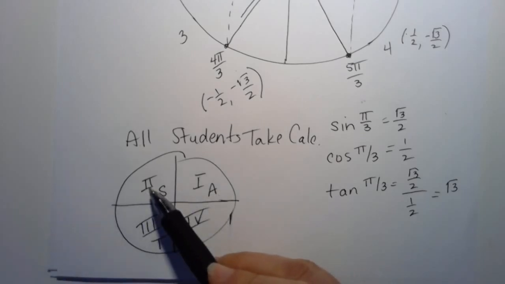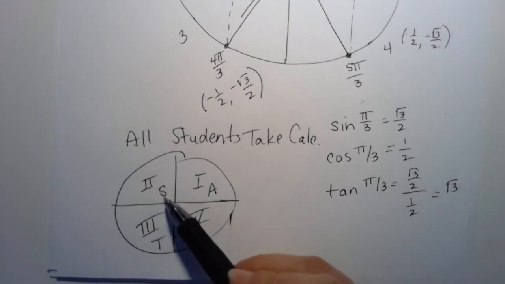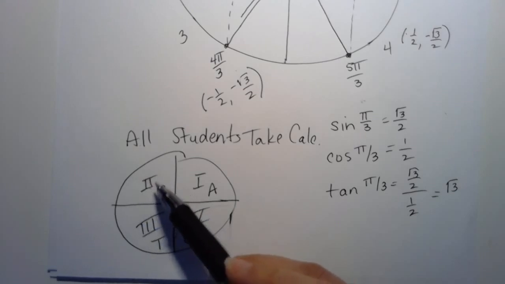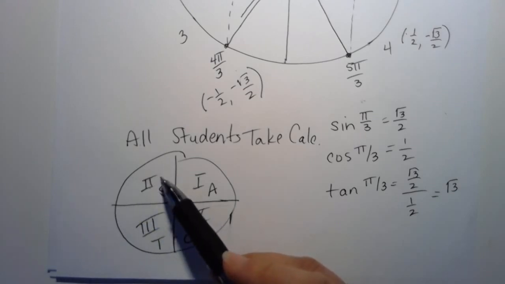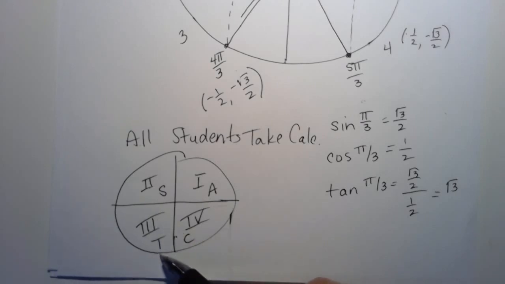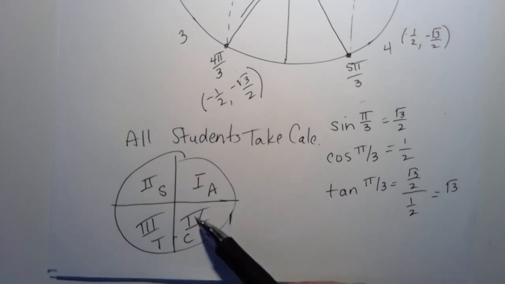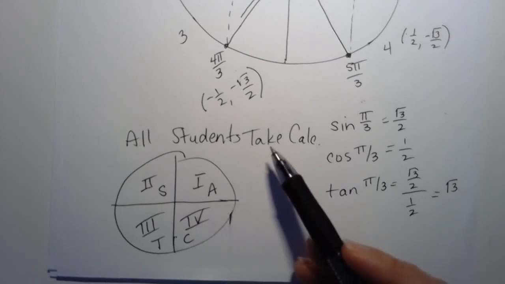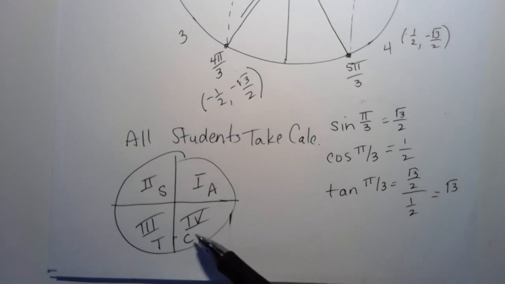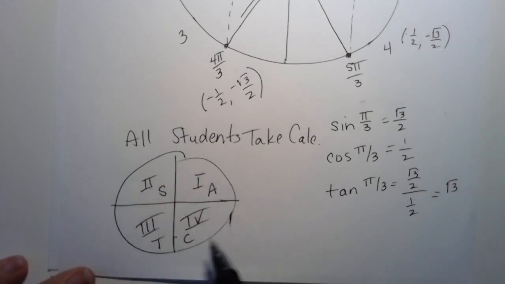In the second quadrant, S, so that means sine is positive. And that would also mean that cosecant, because it's built from 1 over sine, would also be positive. In the third quadrant, only T, my tangent, or my cotangent, because it also goes with reciprocal, would be positive. And in the fourth quadrant, I have C, which is for calculus, meaning cosine is positive, because that's the x value. So that's a little moniker where I remember what trig values are positive in each one.